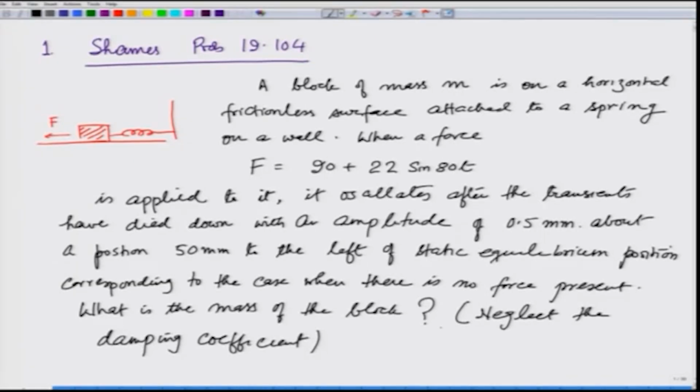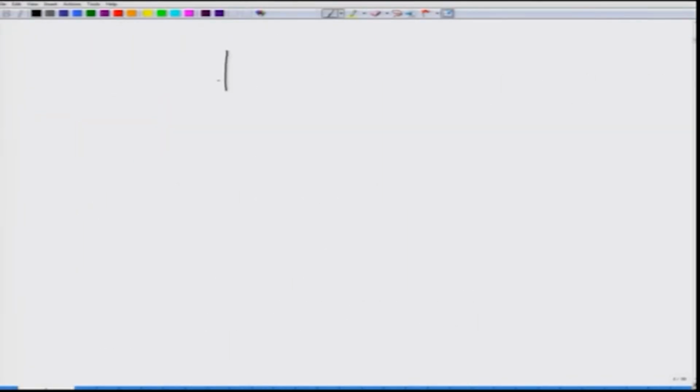In this problem, I have this block, and when this force is applied, the block shifts by 50 mm from its original position, and then starts oscillating here with an amplitude of half millimeter, and we are supposed to find the mass of this block.